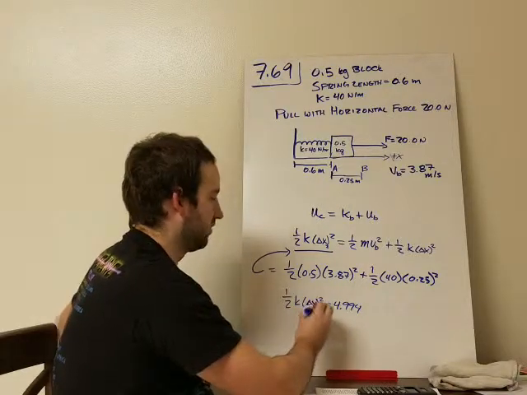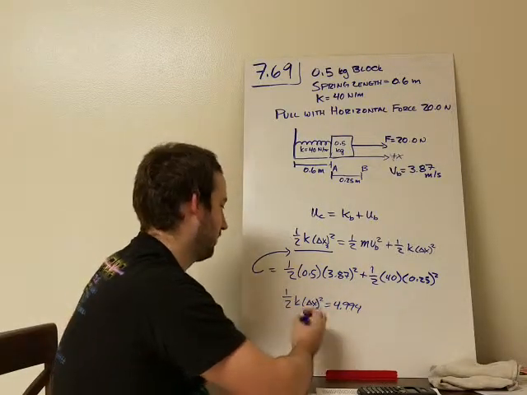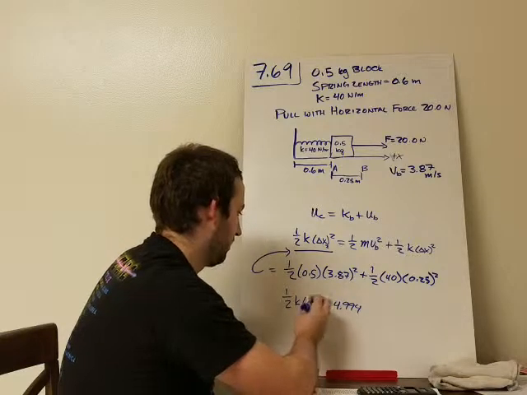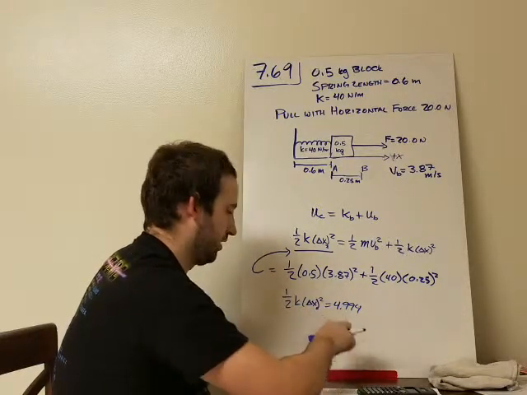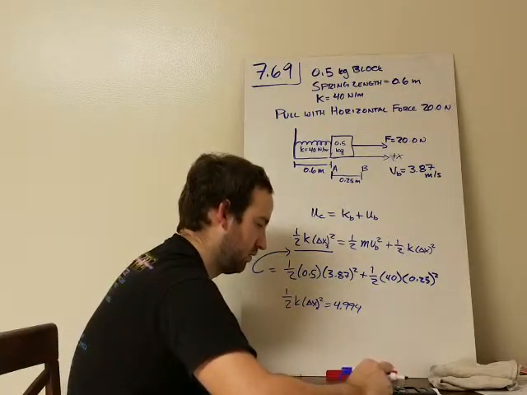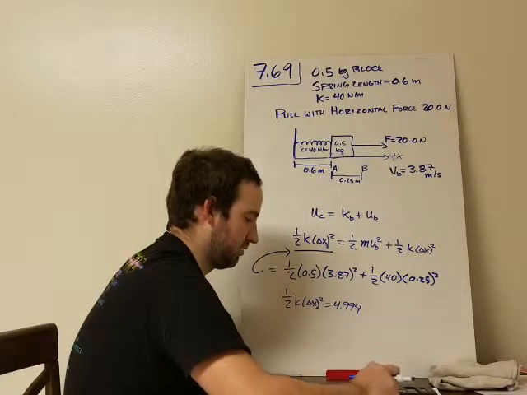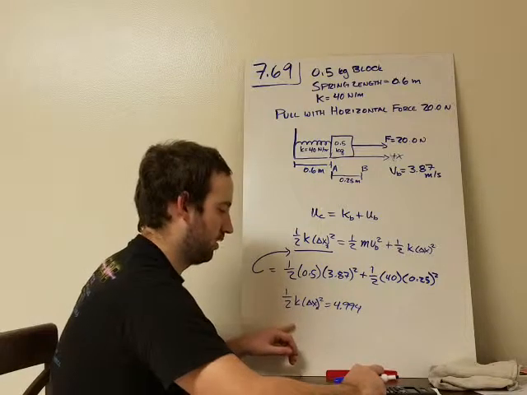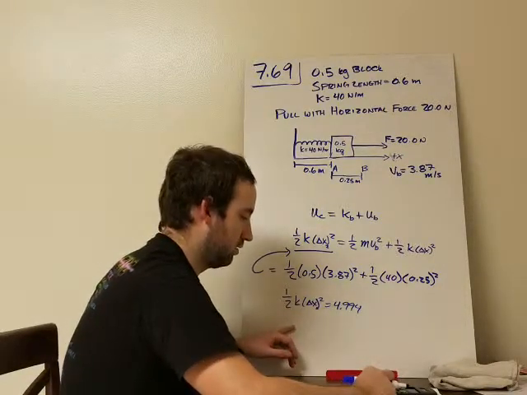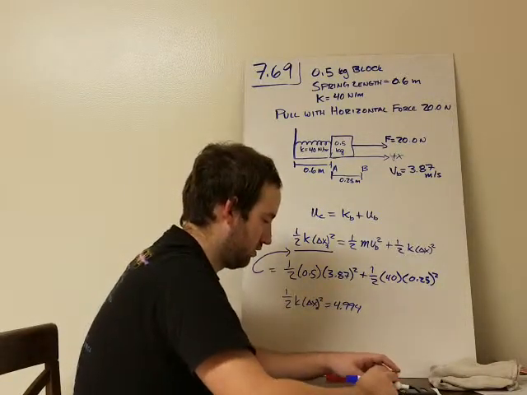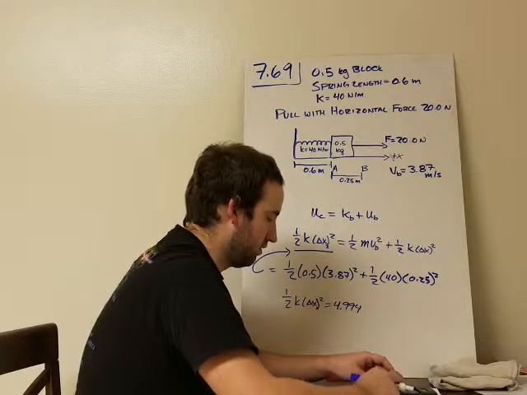Now we'll keep solving for delta x. I'll multiply this by 2, then divide that by k, which we know is 40, and then take the square root of that.